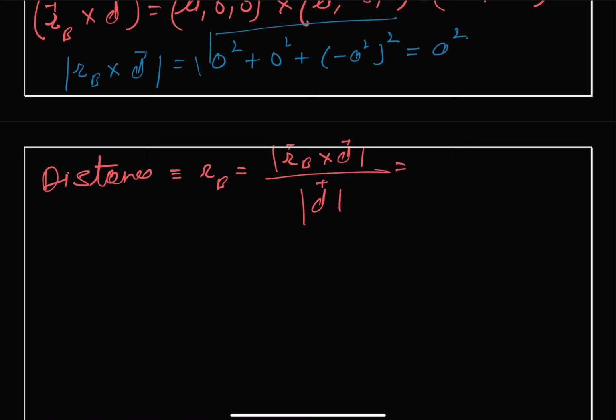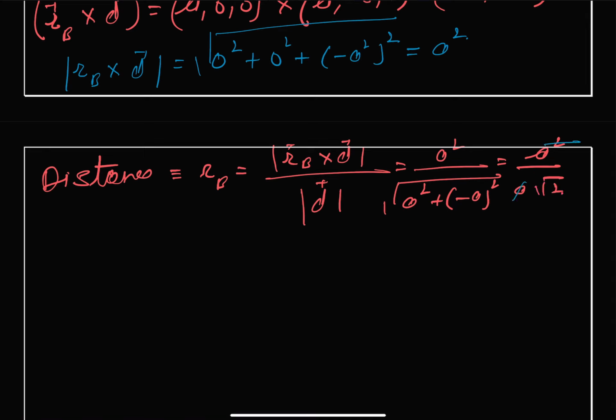The cross product magnitude is A square, and d will be the square root of A square plus minus A square, which comes as A square root of 2.